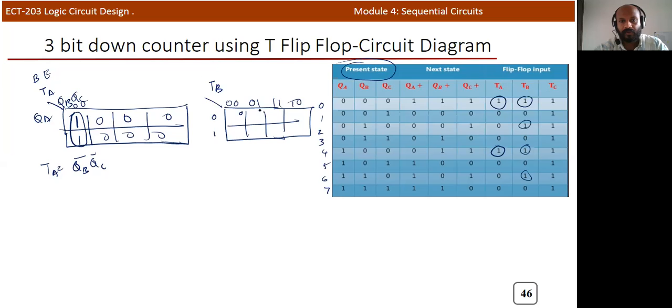This is 0, 1, 2, 3, 4, 5, 6, and 7. So we know that here it is 1, and here it is 0. Again, it is 1, 3 is 0, 4 is equal to 1. Here it is 0, here it is 0, and finally 6 is equal to 1. Okay, so we can make a group of 4 here.